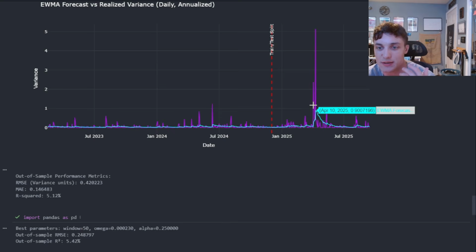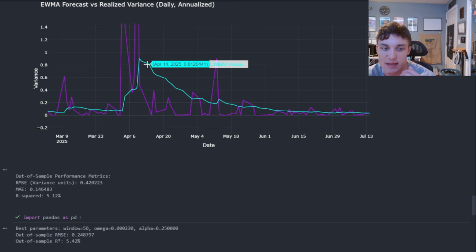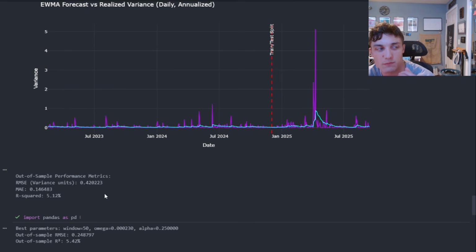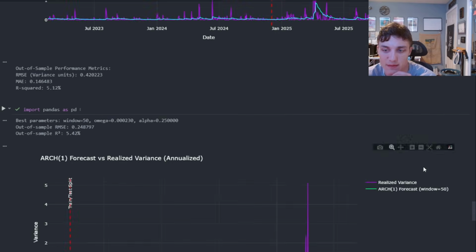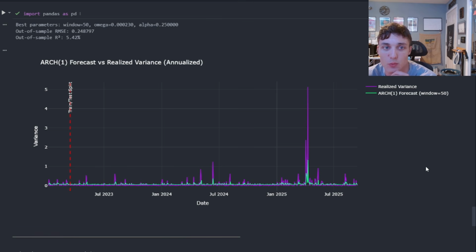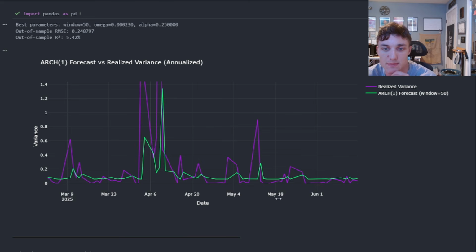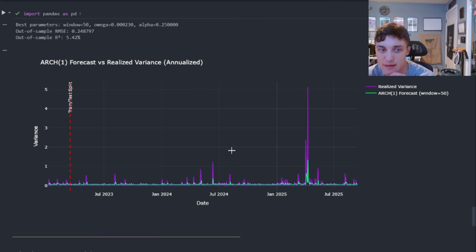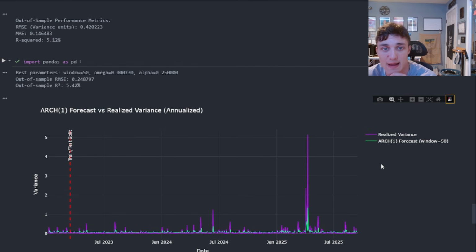And you can see it's really just trying to chase these spikes, and we get a massive root mean squared error. I also fit an ARCH(1) model. It appears to be maybe a little more reasonable in producing a volatility forecast, and the out-of-sample performance metrics would certainly suggest that is the case.